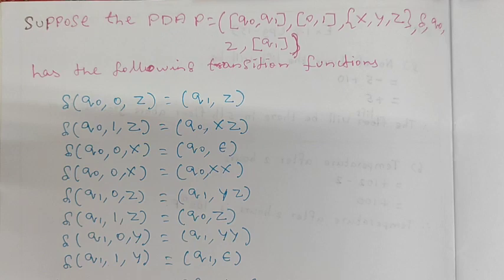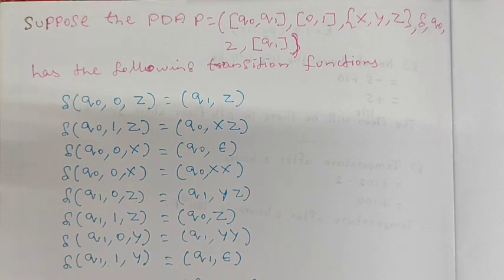So the question is given like this: suppose the PDA P has states Q0 and Q1, and we have two inputs, 0 and 1, and we have stack symbols called X, Y, Z. A transition function delta. We have an initial state called Q0, and the topmost symbol of the stack during the initial stage, that is Z, and we have a final state called Q1.